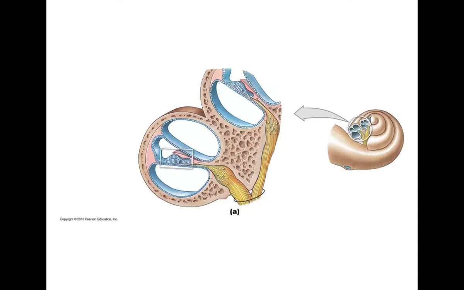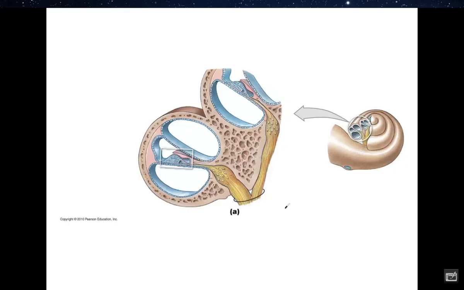So you can see what we have is we've taken the cochlea and actually done a cross-section of the tubes. So this section here is actually like one of the rings on the snail shell. And you can see that we actually have three separate tubes here. This top one is the vestibular duct.